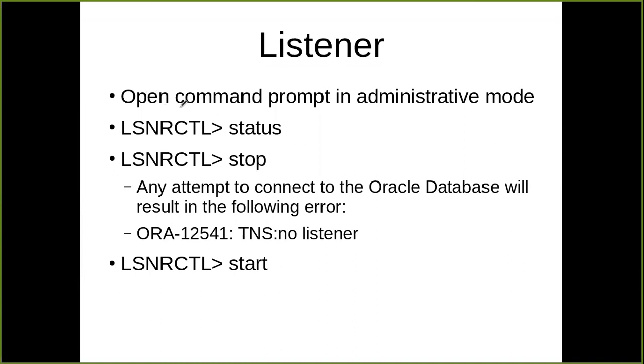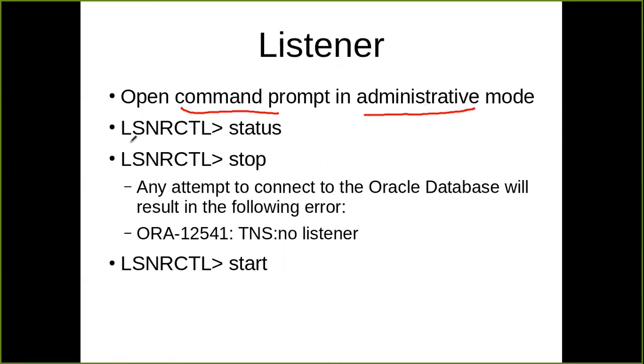For that, you have to open the command prompt in administrative mode. Just right click on the command prompt icon and select the option Run as administrator. Then your command prompt will be executing in administrative mode.